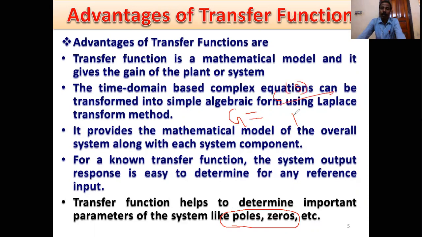In this case, the numerator gives the zeros and the denominator gives the poles. This is the pole-zero concept. And if all the poles are on the left hand side of the s-plane, then the system will be stable. So the transfer function helps to determine important parameters like poles and zeros.